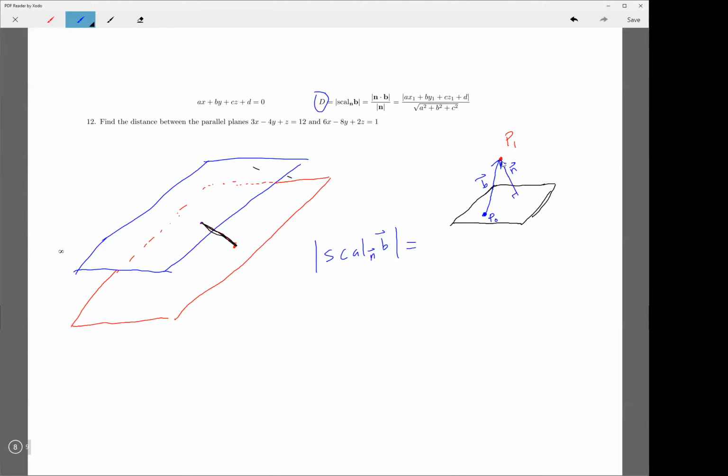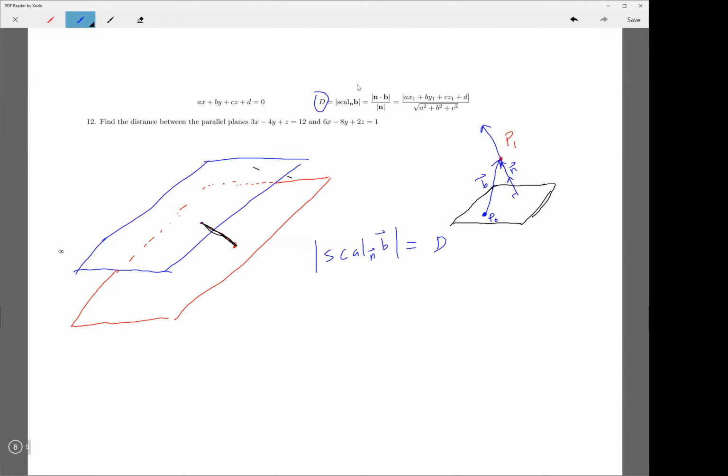Maybe I've drawn this wrong. N doesn't necessarily have to be that long. Maybe N just comes to there, or maybe N goes all the way to there. Maybe N is longer, maybe it's shorter. It's probably not going to reach this point. But the scalar projection onto N is going to be equal to that distance.